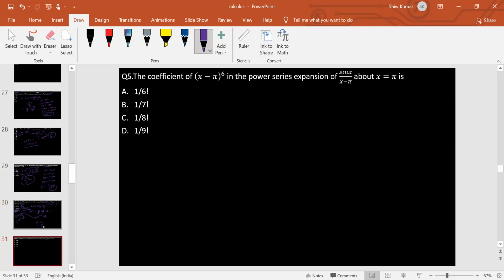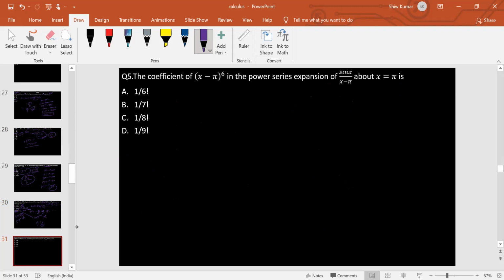Next, we have a question: the coefficient of x minus pi raised to 6 in the power series expansion of sin x by x minus pi about x equal to pi. We need to find the coefficient of x minus pi raised to 6.